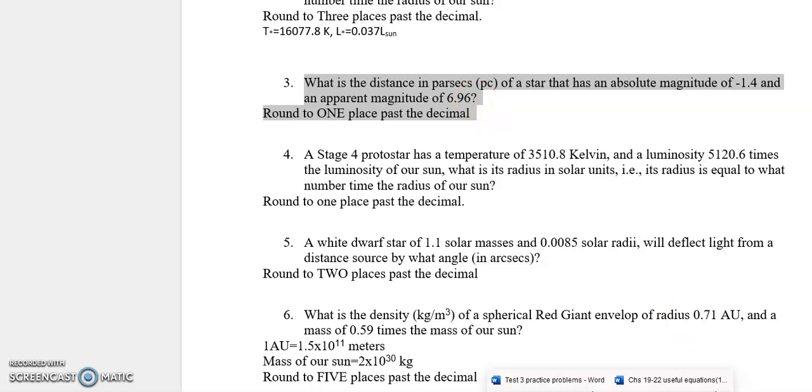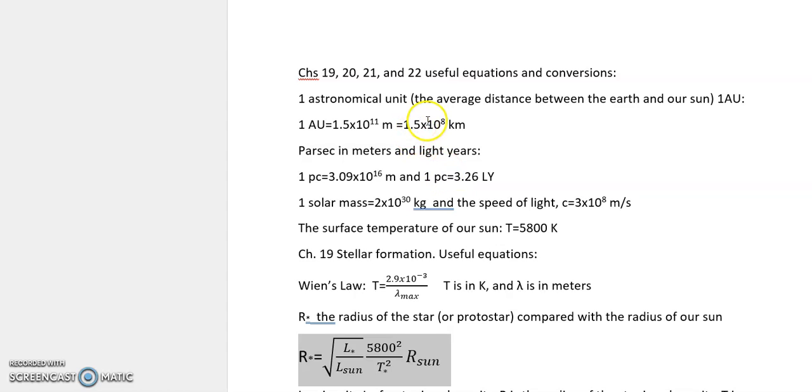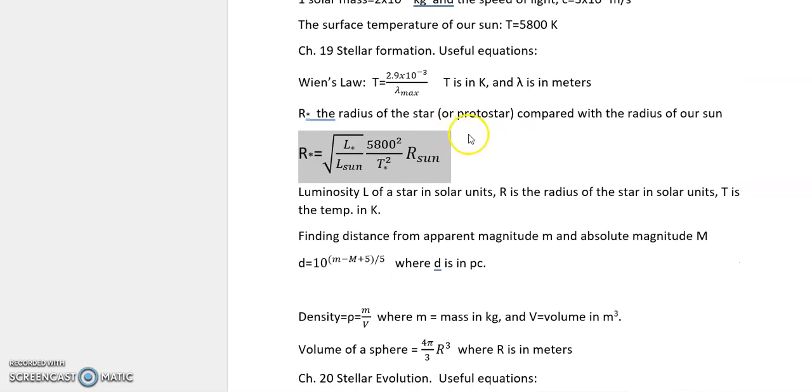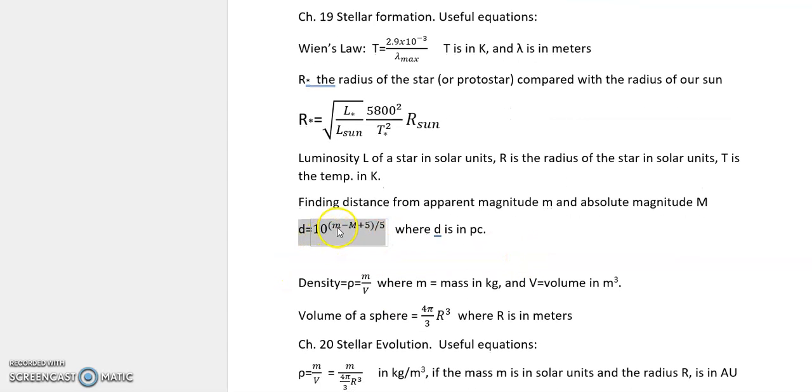Here's the equation that we're going to use. The little m is the apparent magnitude, capital M is the absolute magnitude, and then you add 5, and then that entire thing is divided by 5, and so the answer is in parsecs. All right, let me write that out.